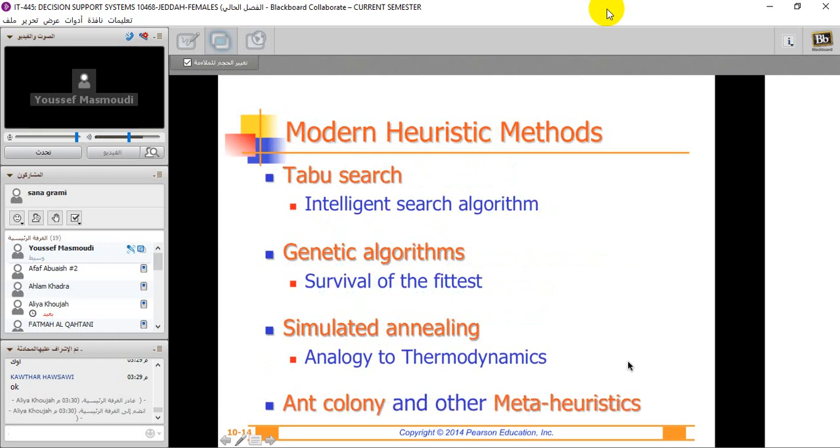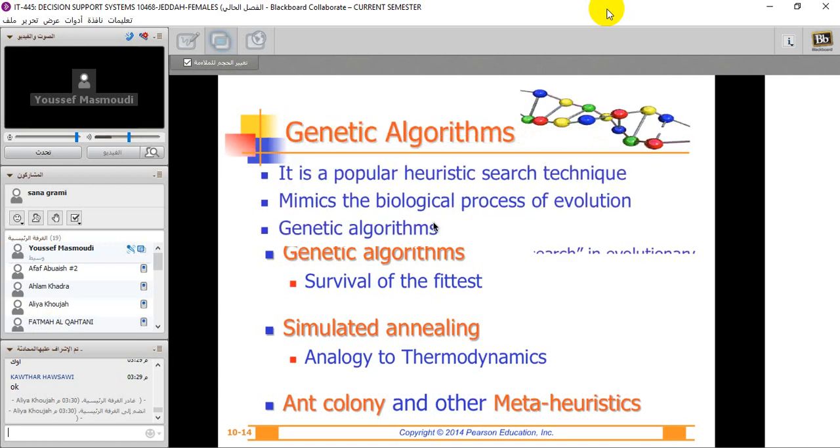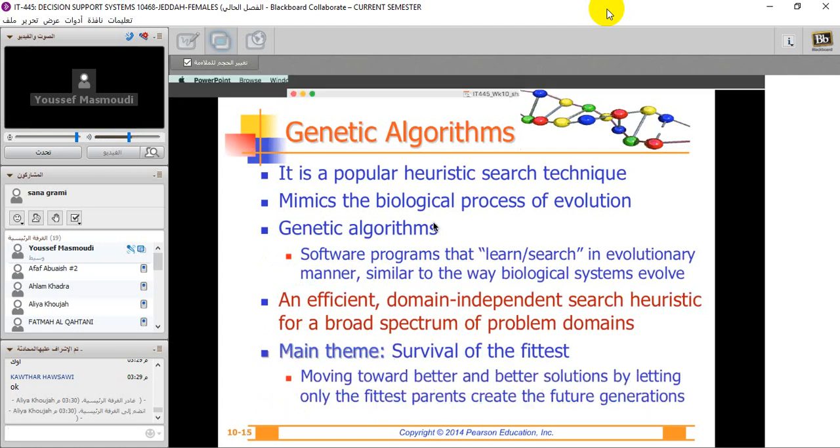Modern heuristic methods. Okay, here we will cite some modern heuristic methods that are well used and well known, like tabu search, which is an intelligent search algorithm; genetic algorithms, survival of the fittest; simulated annealing, which is an analogy to thermodynamics; ant colony; and other meta-heuristics like beam algorithms, etc. Let's talk here about genetic algorithms.